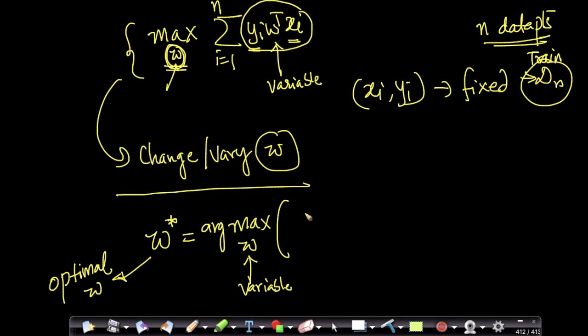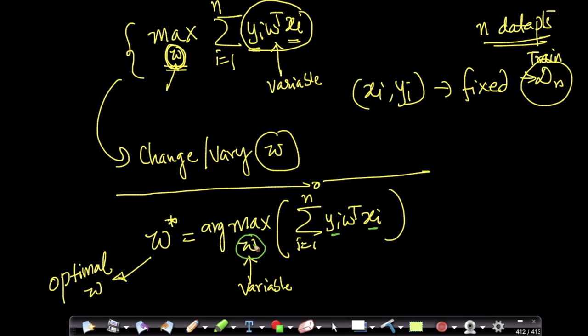And what do I want to maximize? I want to maximize the sum of these terms. Now, this is very important. What this means is maximize this term, of which these are constants because given a data set, they're fixed. My only variable is w, and whichever w maximizes this, argmax basically means that.